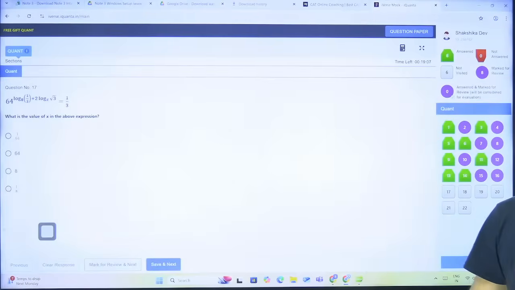Yeah, logs. I like logs a lot. So it says 64 to the power log base 8, and the power is 1 by 3. This is not a difficult task, I would say.